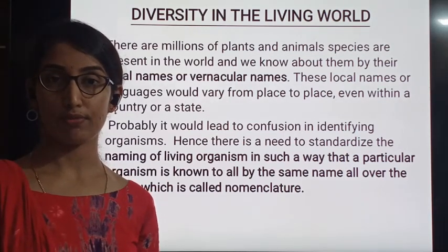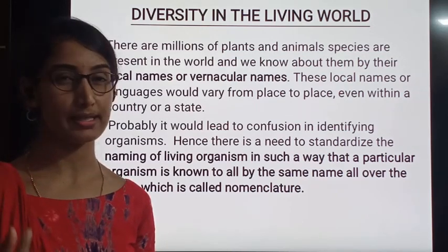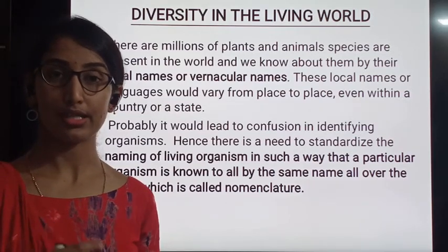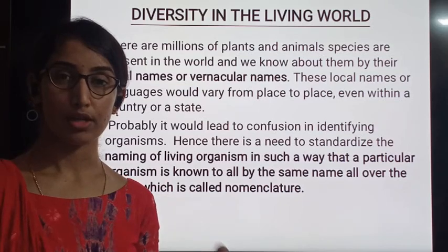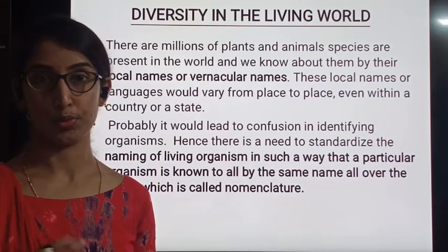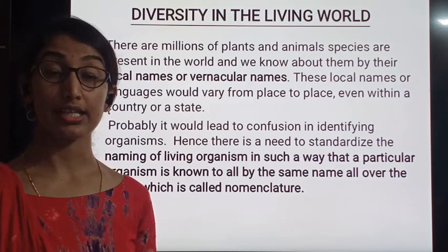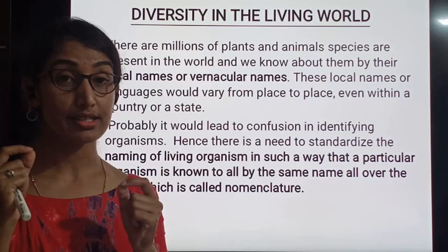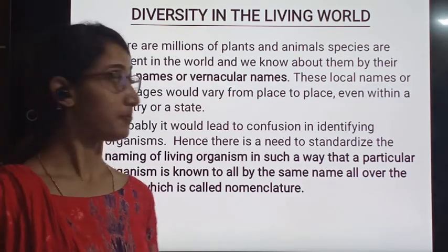When we take fruits, mango is one of the simplest examples that everyone knows. Mango is a fruit, it's an English term. In Kannada we call it mavu. In Hindi we call it aam. Like this, the names vary, but it is the same fruit. What does it lead to? It leads to confusion.